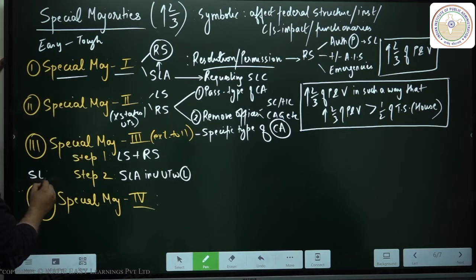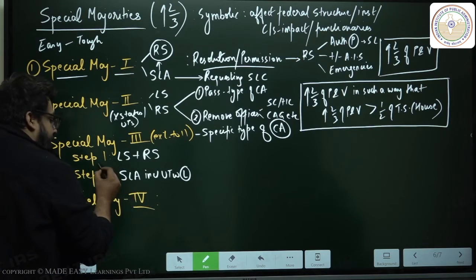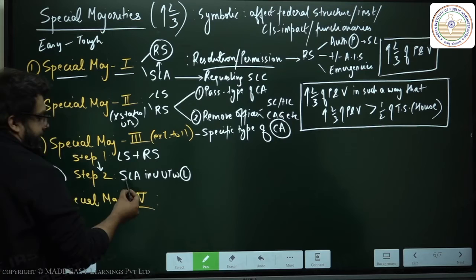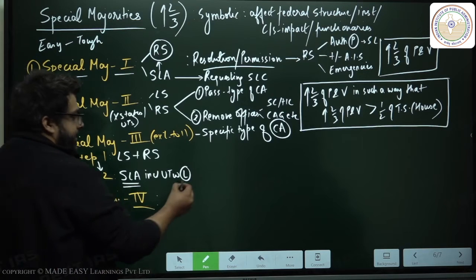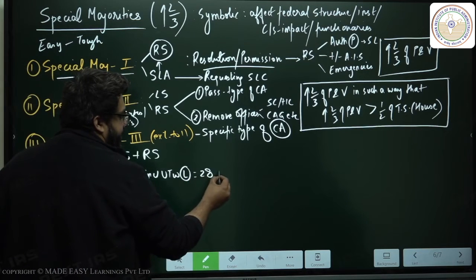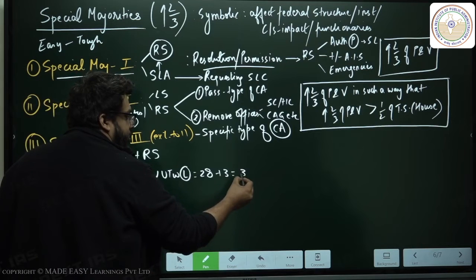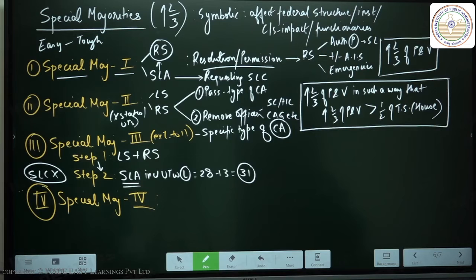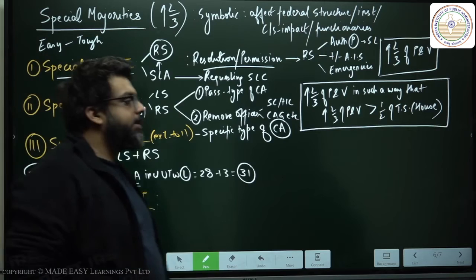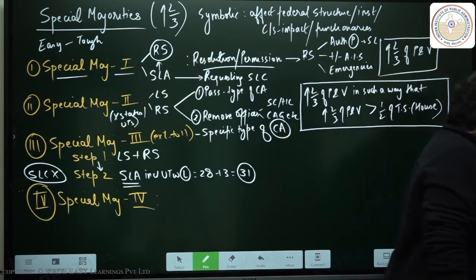State legislative councils are not included because they are not uniform. Step 2 comes only after step 1, and it is for all legislative assemblies including union territories with legislatures. That means 28 states plus 3 union territories, total 31 legislatures. The bill will go to these 31 legislatures. Are we clear?